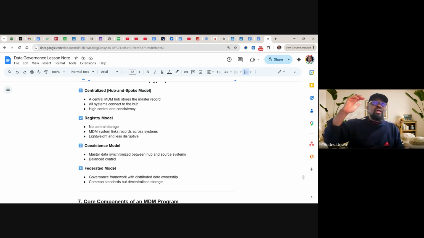If I'm in Lagos, everything is going onto the same one, so it becomes unified. Everybody is connected to that central hub. It's not that everybody will have their own individual one, but using the same format to capture the data. So those are the different types of master data management.